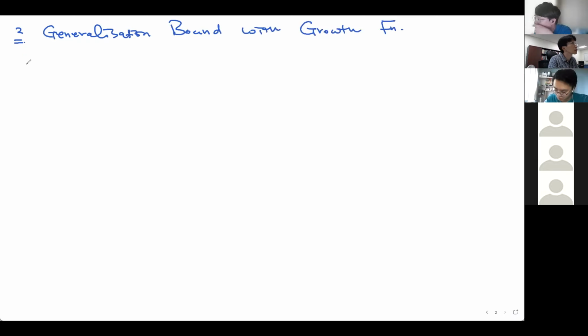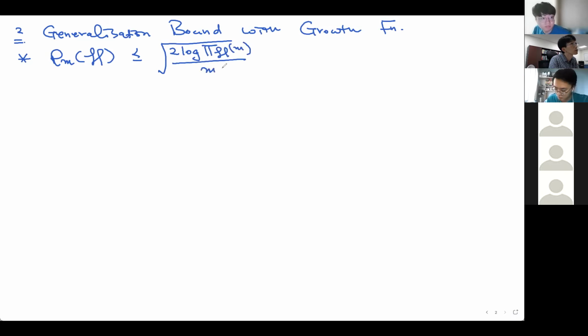And as I said, the key thing that we care about here is that the Rademacher complexity of H is bounded by the root of this quantity. This is what we want to show, and that is what's written as a corollary.